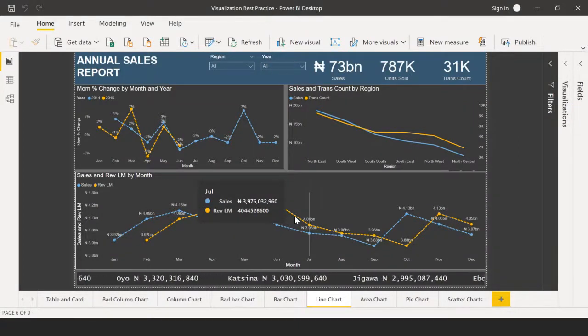Most of us find it difficult when we try to use category data in a line chart. Maybe you have data of region, southwest, northwest, northeast, and you're trying to use a line chart for that. No, line chart is best suited for a trend. Anytime you're not trying to present a trend, don't use a line chart.